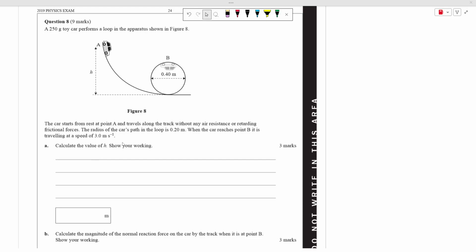Show your working. Okay, so I think we're going to have to use conservation of energy here. So we've got the following equation that we can create.